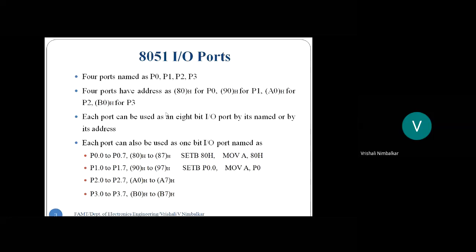Okay, students. So the microcontroller has 4 ports, port 0, port 1, port 2, port 3. So there are 4 ports and each port is of 8 bits. If I say it is an LED, an LED is a 1 bit output device, right? So these ports are of 8 bits each, right? And with the help of these ports, the input or the output devices can be connected.